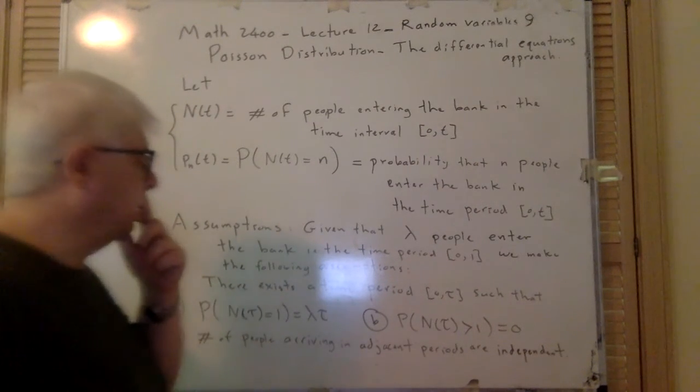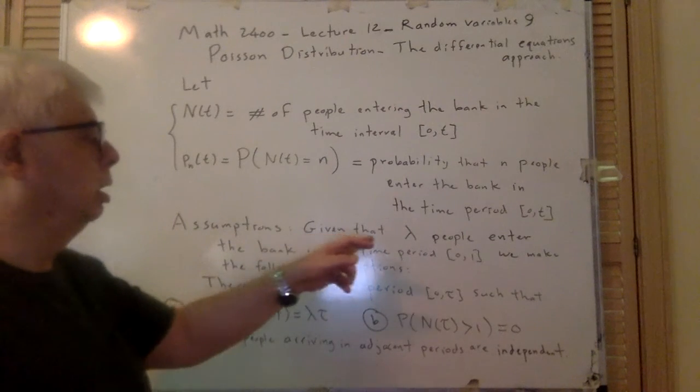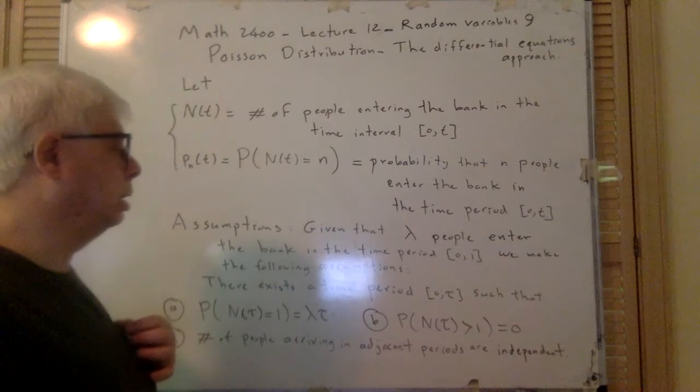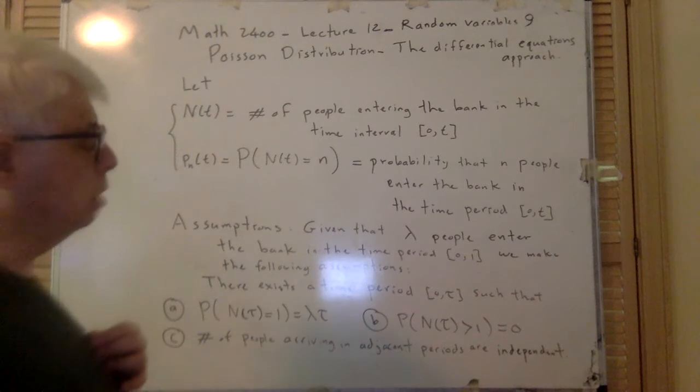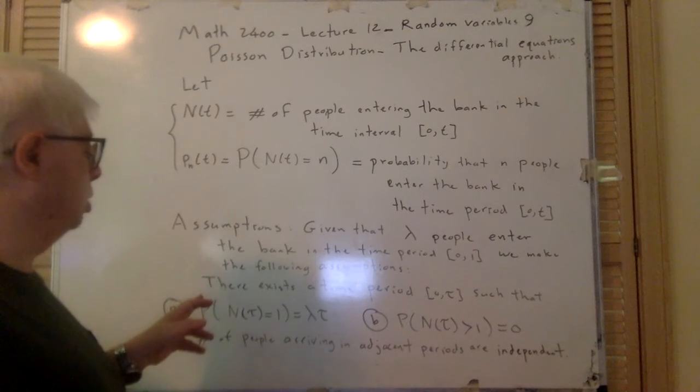And we also make an assumption, or in fact some assumptions. Given that lambda people enter the bank in the time period (0, 1), that's the assumption we have, we make the following assumptions.